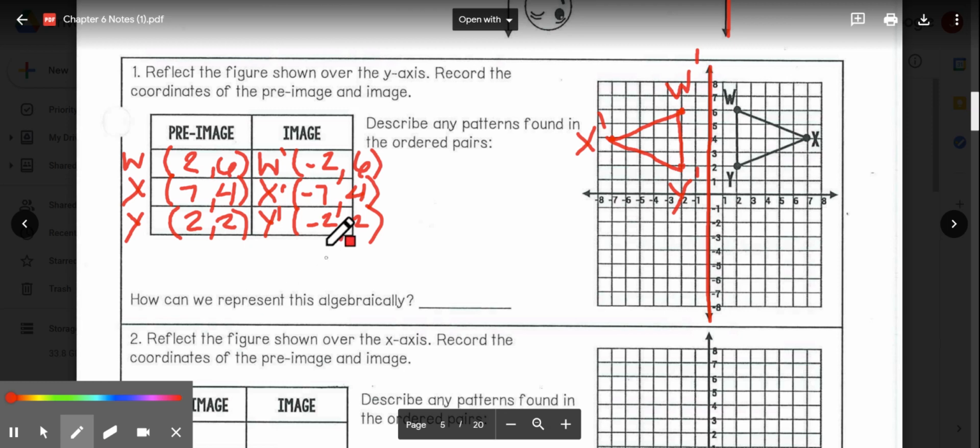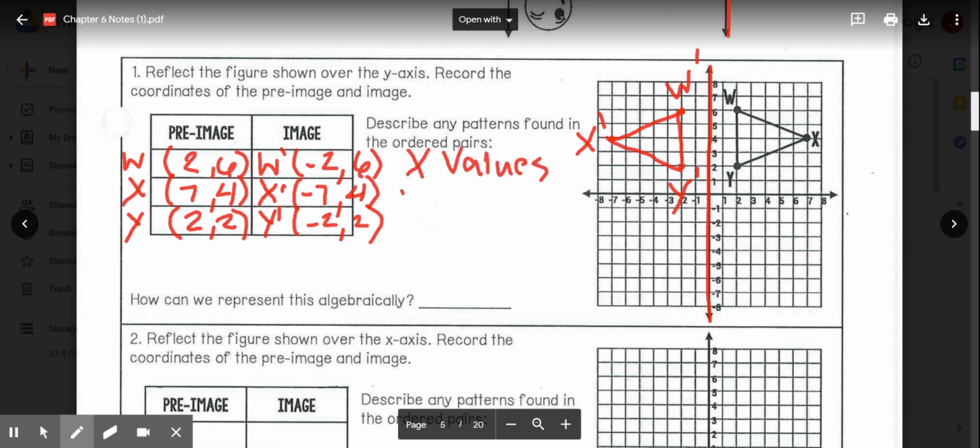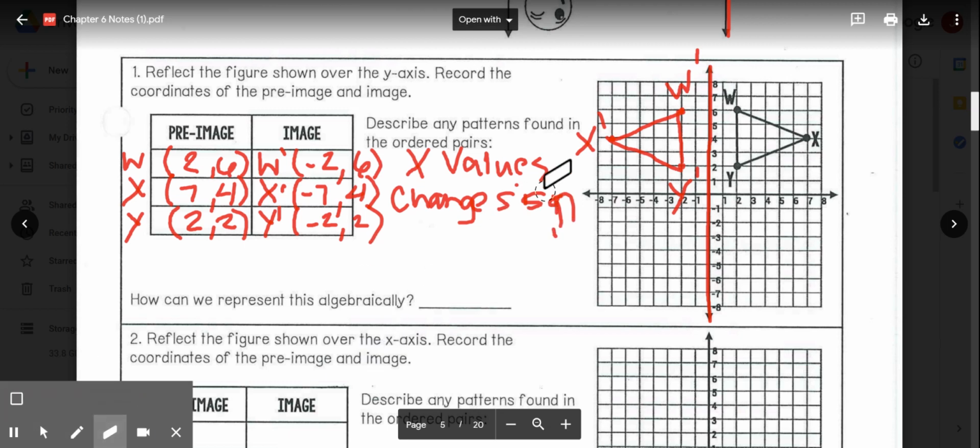Our numbers all changed in sign. Here we had +2, 7, 2. Here we have -2, -7, -2. So the X values change sign. Got a little messy there, trying to write with my finger.